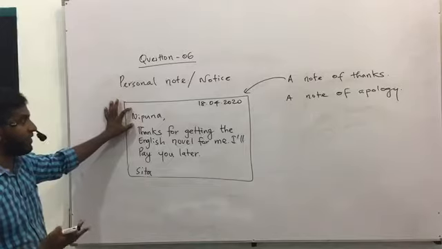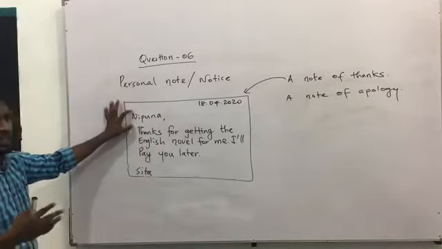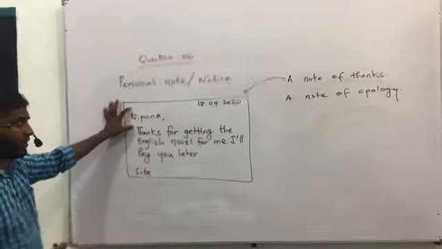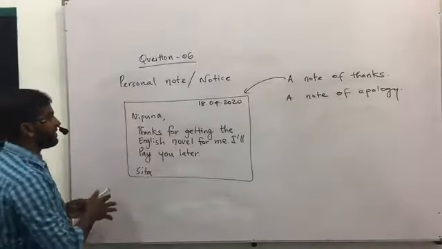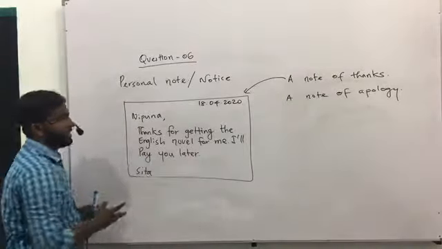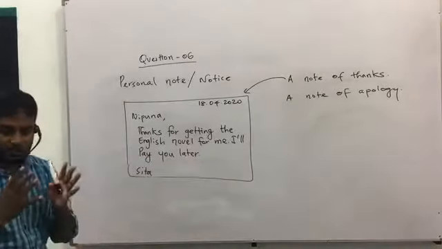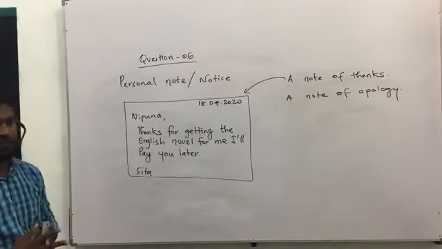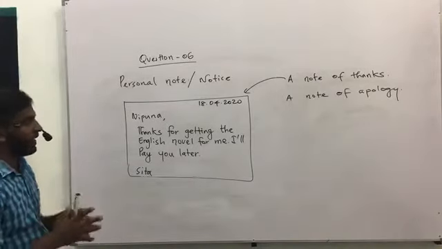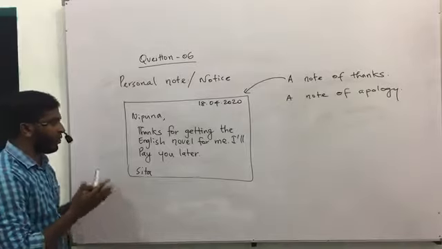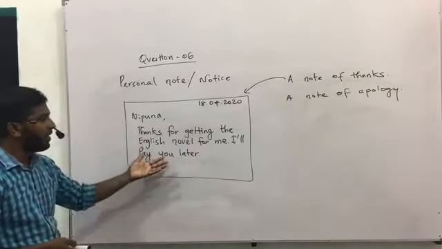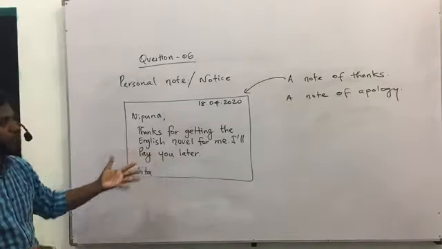This is the name of the person who is going to receive this note of thanks, and this is the content of this note. This should be short and brief. Now you see here only 2 sentences have been written by me.